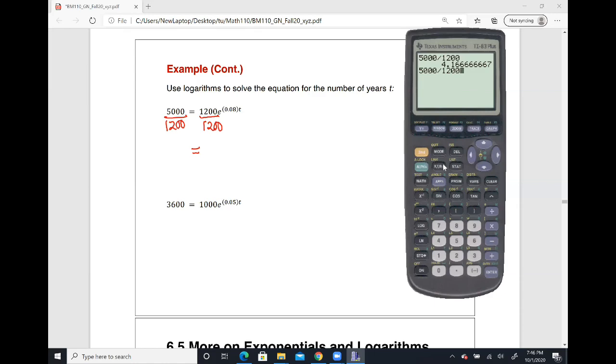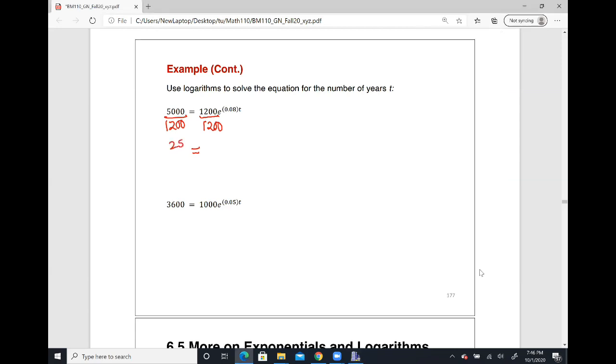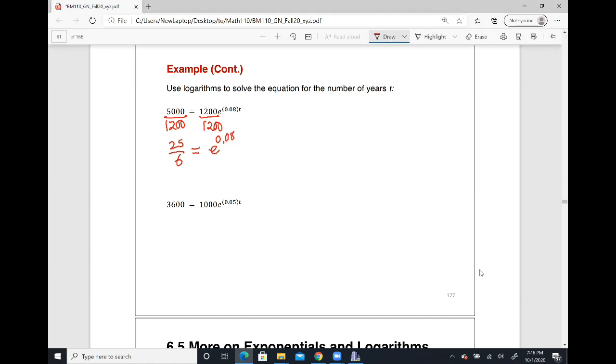I want to convert this to a fraction. So use math here, and number one, I have 25/6. So put 25/6 here and equal to e to the power 0.08 t.